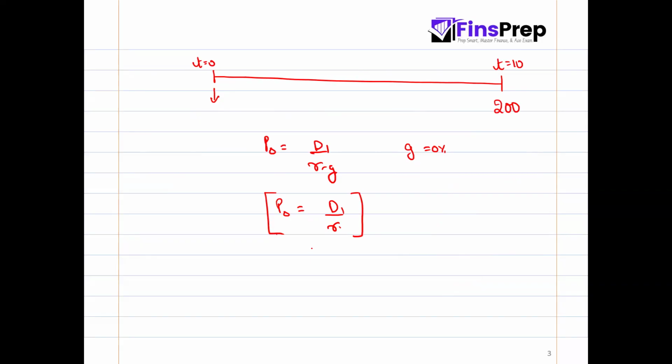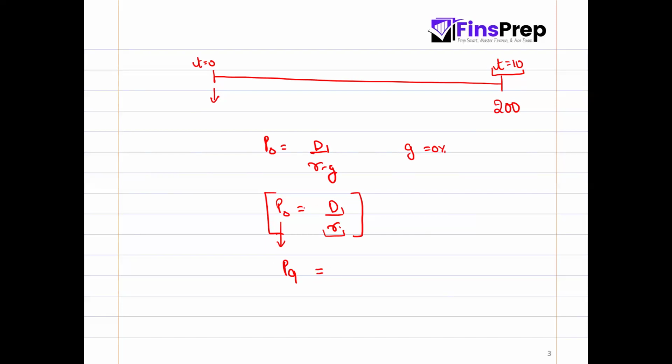So here, the formula that is applicable is P0 is equal to D1 upon R. But since the cash flows will start from t is equal to 10, the value that we get by applying this formula will be at P9.